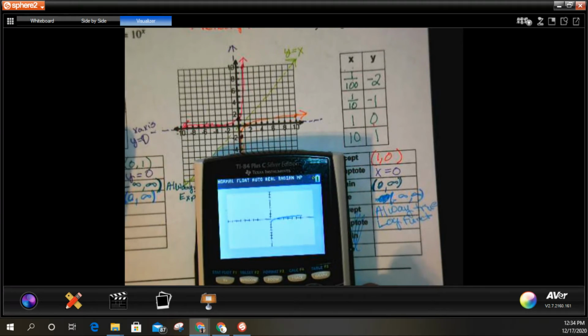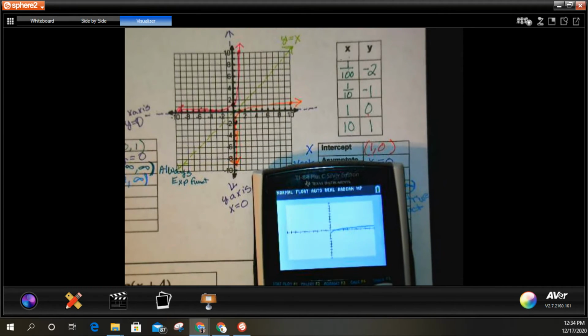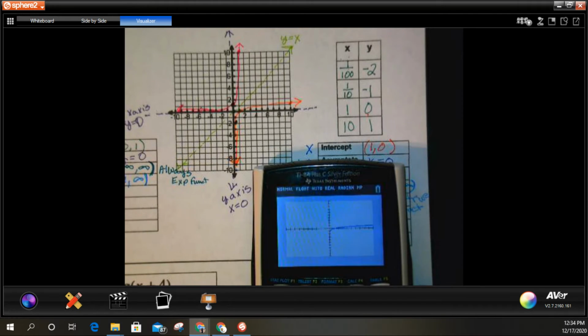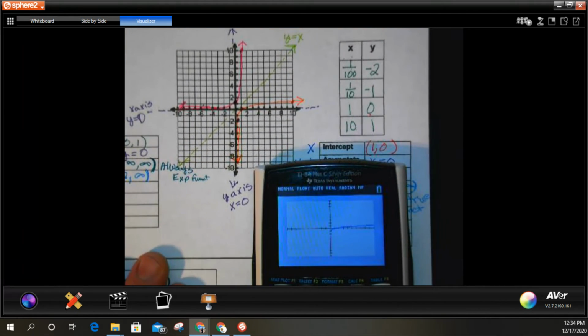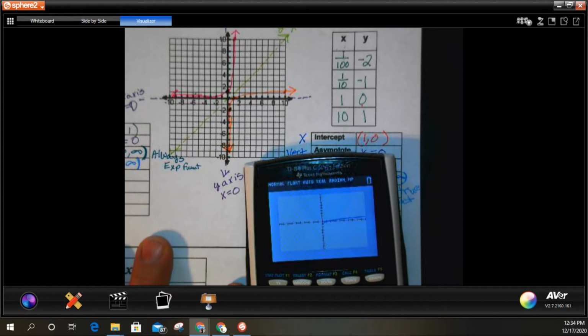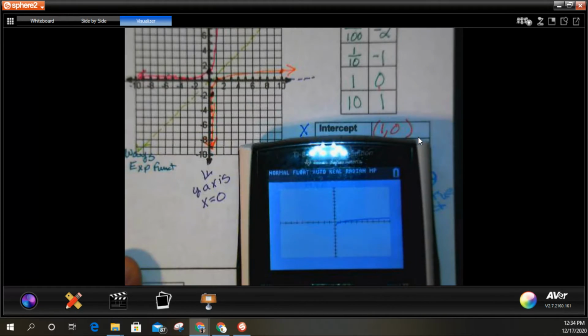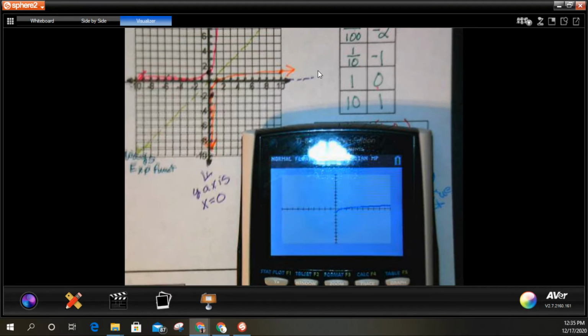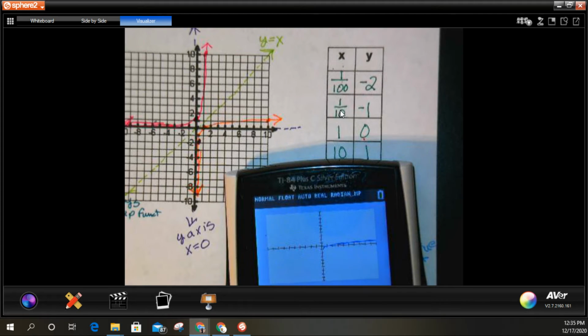Well, let me see if I can have this show up better. It doesn't quite look like my function here. See, my function here, it's missing this part of the line. Now remember, as I get closer, I'm at 1/10, maybe right here, and then 100th, a little closer, maybe a millionth, closer to x equals 0.